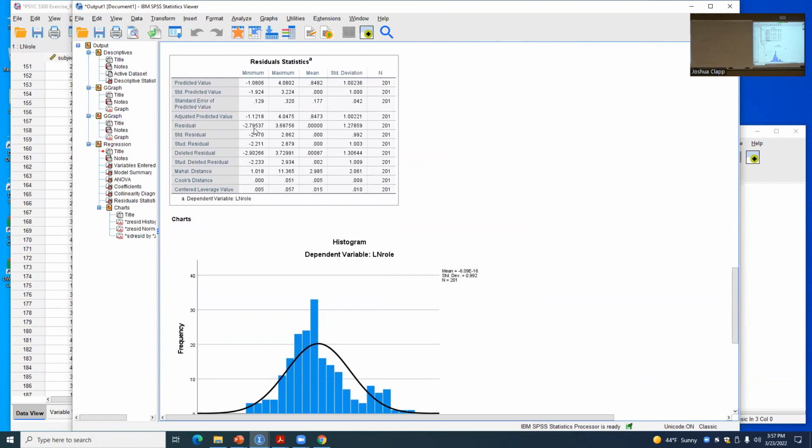Here's our raw residual, our standardized residual, studentized residual, deleted residual, Mahalanobis distance, which is an influence measure, Cook's, and our leverages. So you're seeing mins and maxes put up there, which is a nice reference, but we're going to step through things to look at them a little more individually along with individual plots.